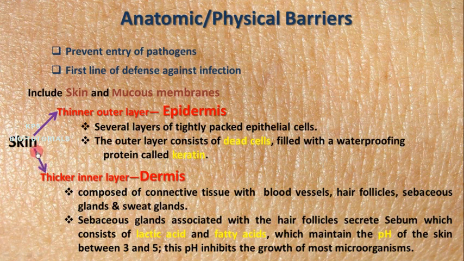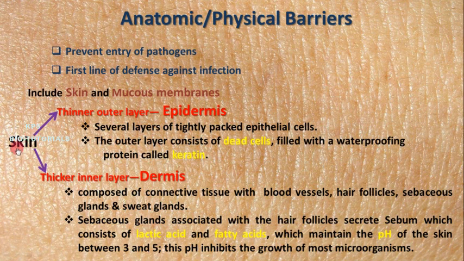We know our skin is a good barrier against pathogenic organisms. It will prevent the entry of pathogens into our body. If there is a wound in our skin, the pathogens may enter our body through that wound. Through perfect skin, a pathogen cannot enter our body. So this skin physically prevents the entry of pathogens.